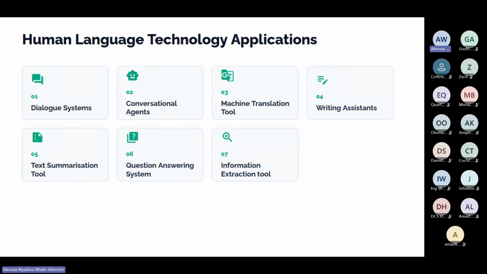Then text summarization tools. It takes one big, large chunk of information and condenses it into a shorter version while preserving very salient information. Okay. So if you are going to be developing something like a text summarization tool, then this is the category for you.